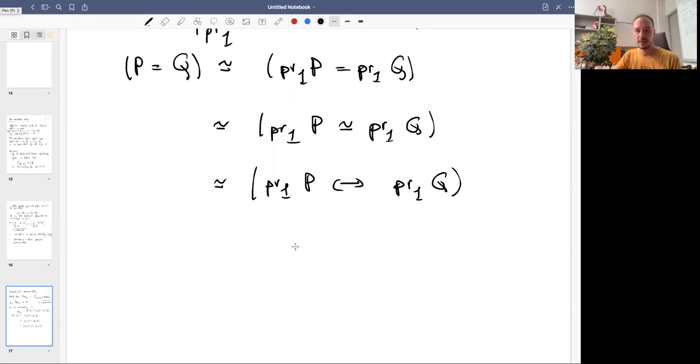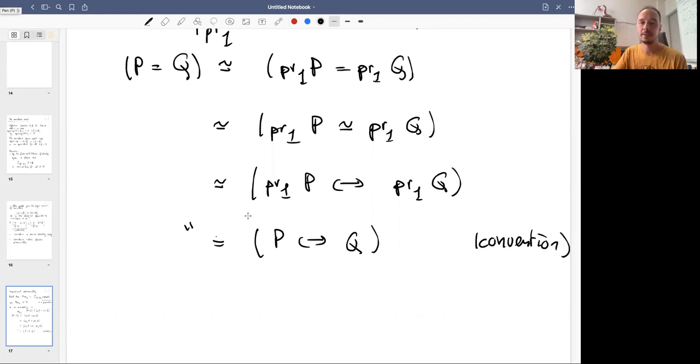And usually when we have a proposition P, then we would also write P for the underlying type. So by convention this is just P if and only if Q.